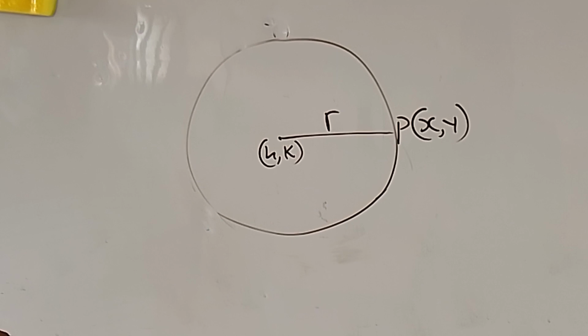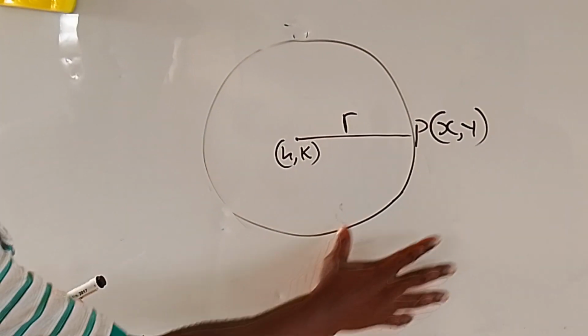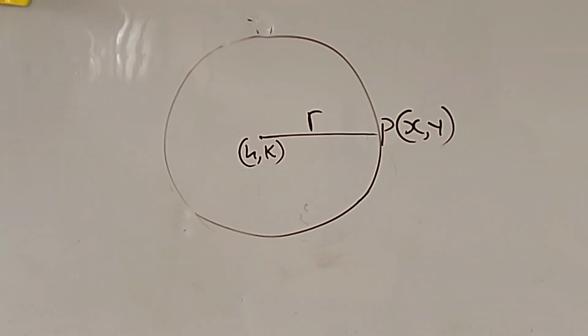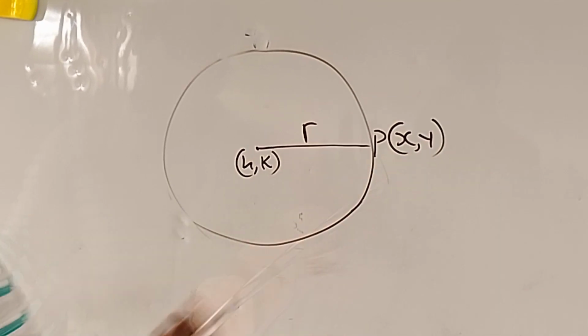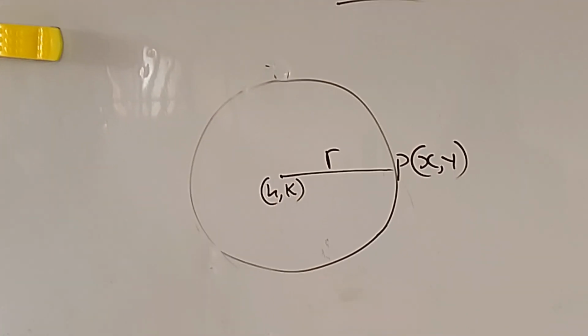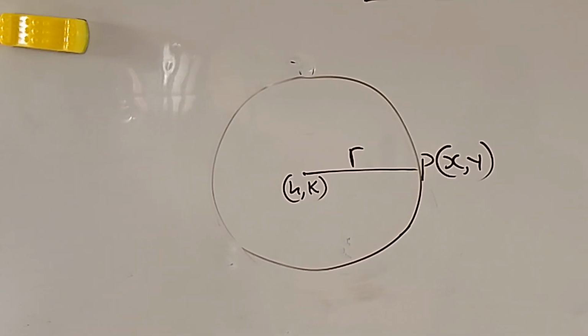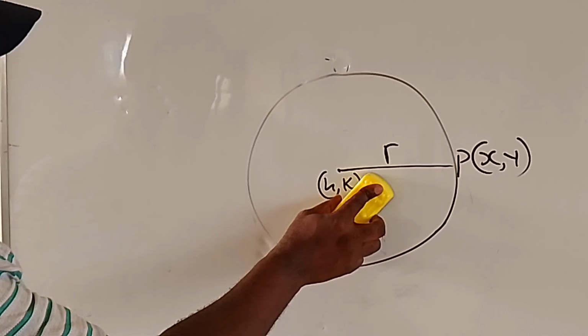So it implies that we are going to use the Pythagorean theorem, since we have the coordinates x, y and the center as h, k. But I know very well that there is another form where we can transform this.